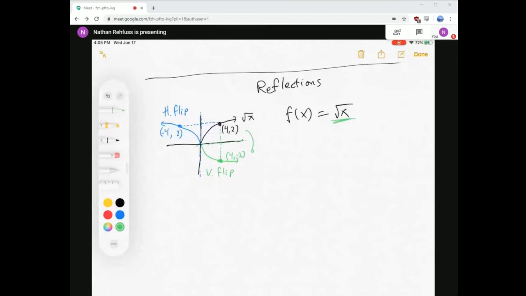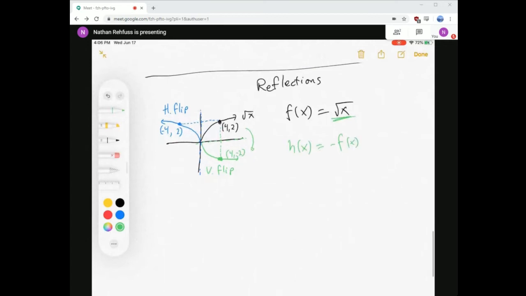So I'd call this h(x), it's going to be negative f(x). Whatever output we have, it'll be negative. In this case, that would just be negative square root of x. So that's our vertical flip.